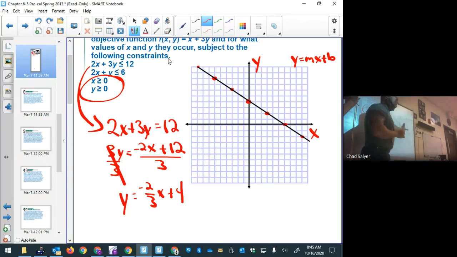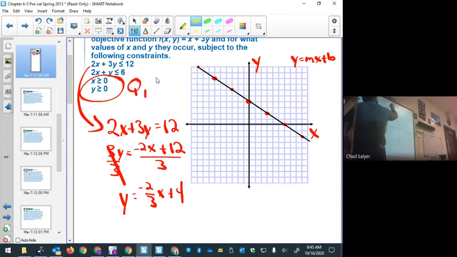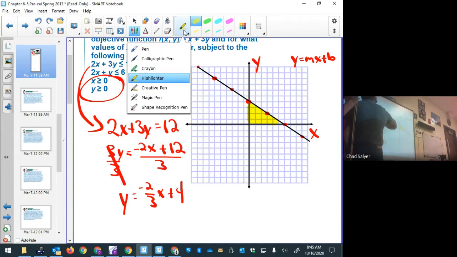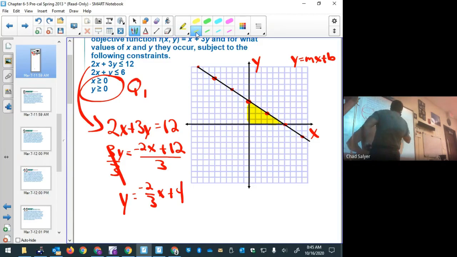That just means we're only talking about Q1, because X has to be greater than or equal to 0 and Y has to be greater than or equal to 0, which means X and Y are also part of our boundaries. So we don't have to worry about shading outside of that. I'll make it a little smaller. There we go. So we've shaded the appropriate region for the first constraint.